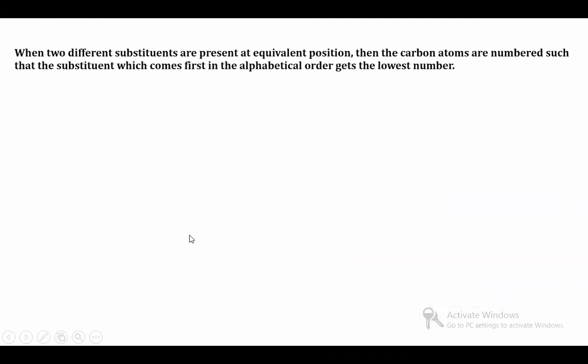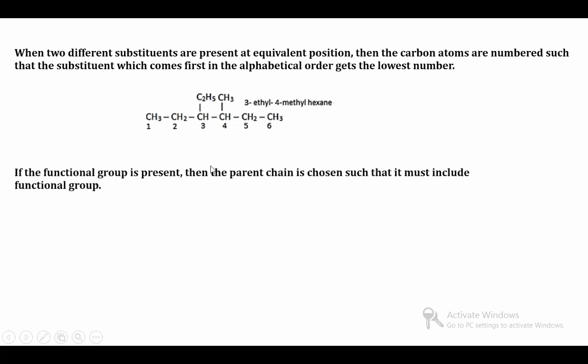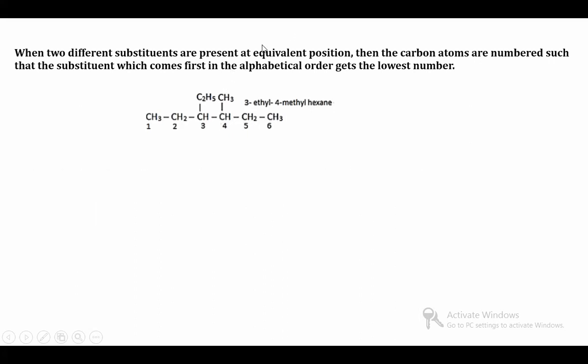Okay, next, when two different substituent groups are present at equivalent positions, in the same position, the carbon atoms are numbered such that the substituent which comes first in alphabetical order gets priority. If two or three groups are present, we need to see which comes first in alphabetical order. Priority goes to alphabetical order. In this one you can observe C2H5 and a CH3 group on the main carbon.